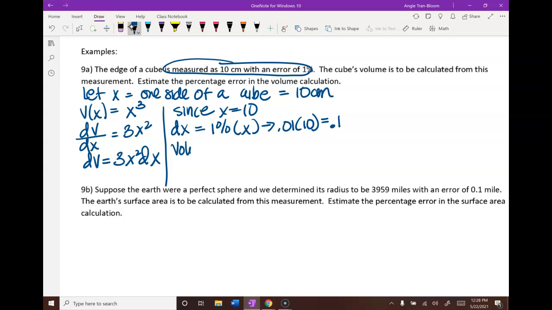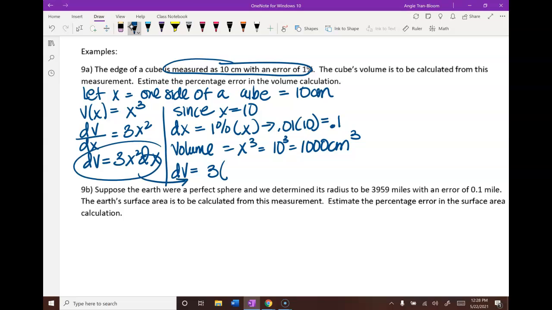So since our volume is x to the third, which is 10 to the third, which is a volume of 1,000 centimeters cubed, the change in volume that has the error is going to be 3 times, well, this is what I'm using right here, guys, 3 times x is 10, so that's squared. dx we calculated from here, so that's going to get multiplied to here.